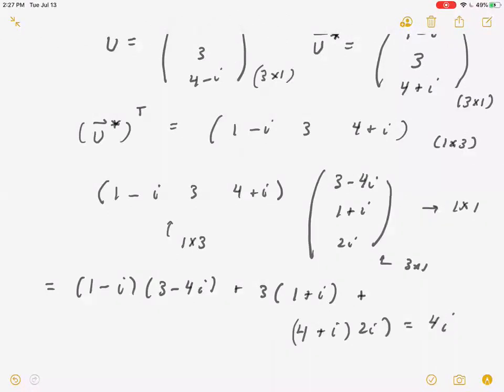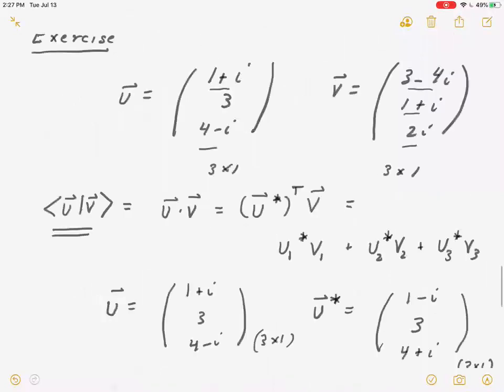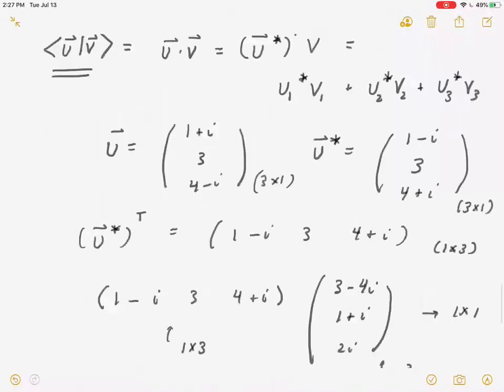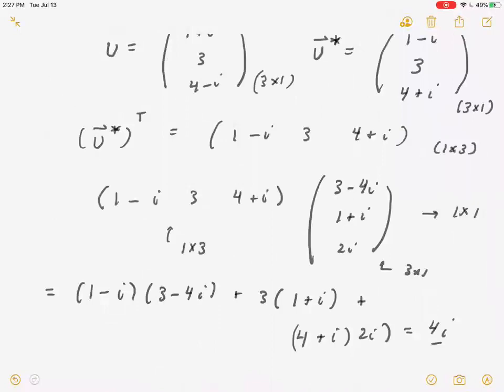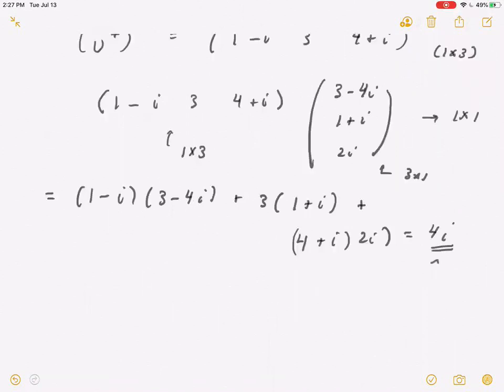So it turns out that the inner product of U with V in this example is in fact complex. And that's okay. As we'll see in a minute, we want the norm of a complex vector to be real, but the inner product could be whatever it is. In this case, it's pure imaginary. Its real part is 0.